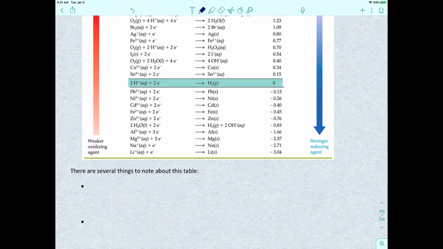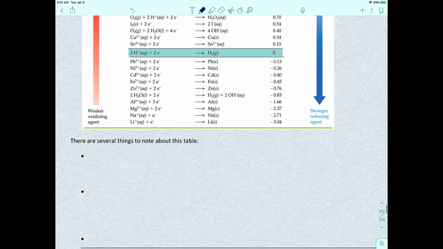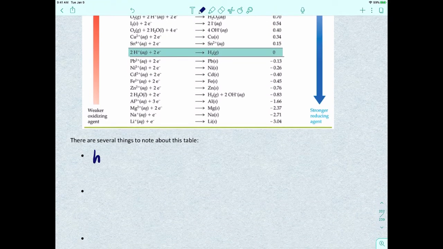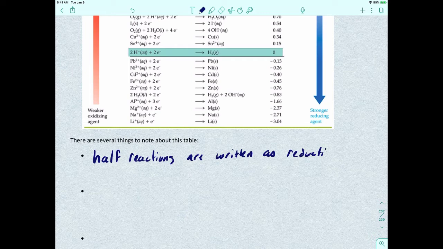All right, so several things to note about this table. Half reactions are all written as reduction half reactions. Okay, so that's the first thing.